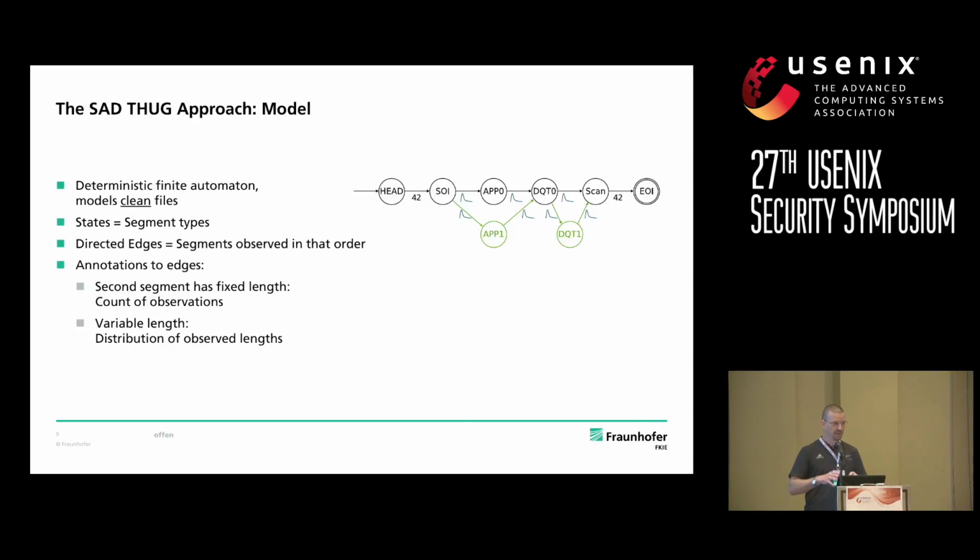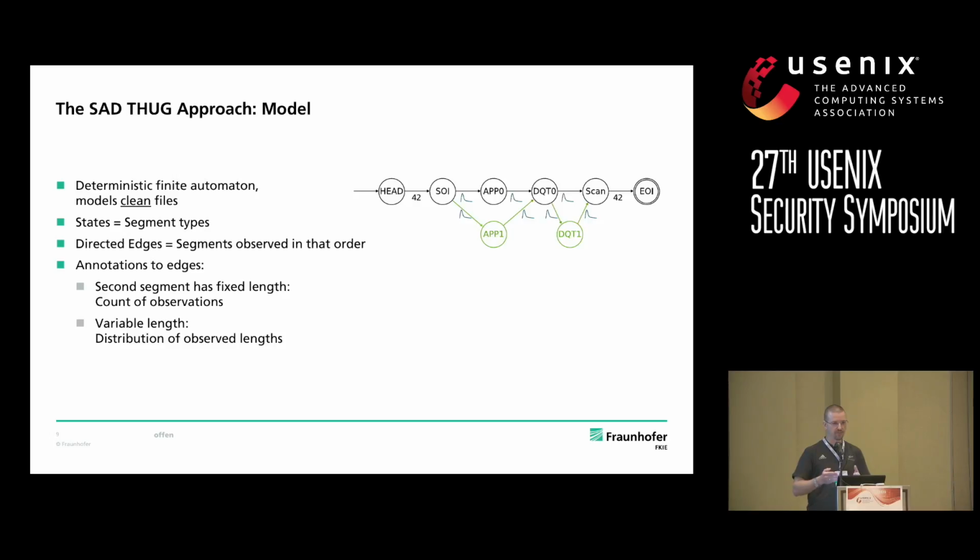Since we're having a language recognition problem here, we said, okay, we'll use a finite state machine, a finite automaton. One important aspect of that is we are using a model for the clean files. So we're not putting any understanding of what the method looks like that the malware will use into this. We're just putting the understanding that we gain from the training data.